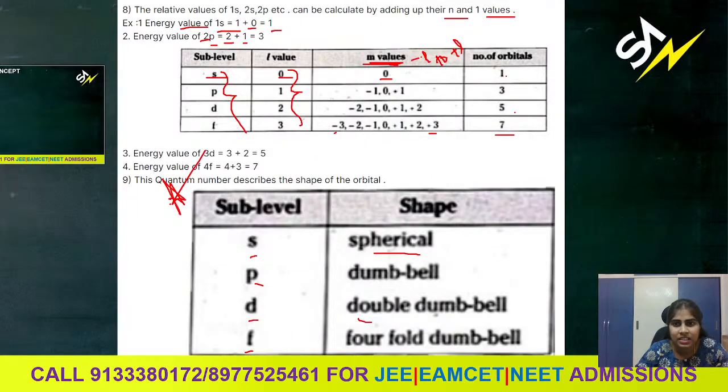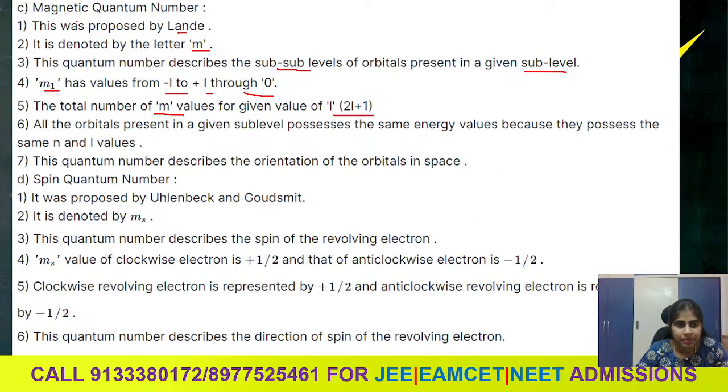It means this number of orbitals is given by the formula 2L plus 1. All the orbitals present in the given sublevel possess the same energy values because they possess the same N and L values.